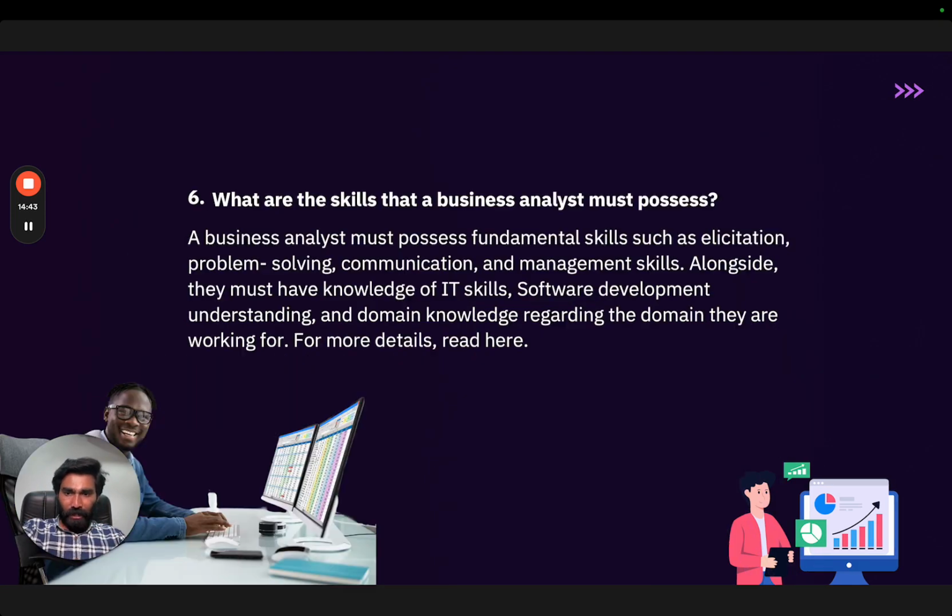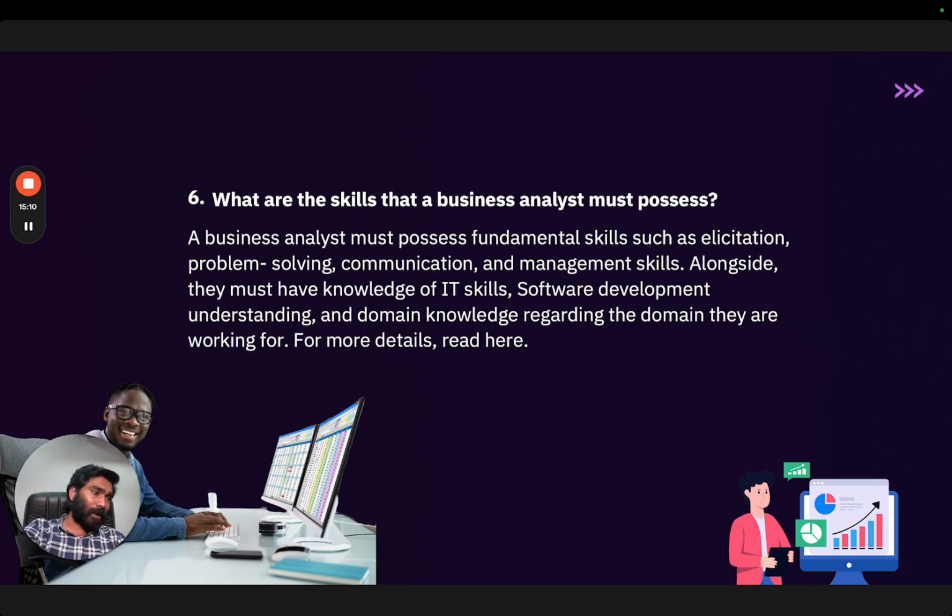All right. So the next question is, what are the skills that a business analyst must possess? See, a business analyst must possess fundamental skills such as elicitation, problem solving, communication, and management skills, alongside some technical skills, I would say, like software development understanding, not coding and all, and the domain knowledge regarding whatever domains you're working for.